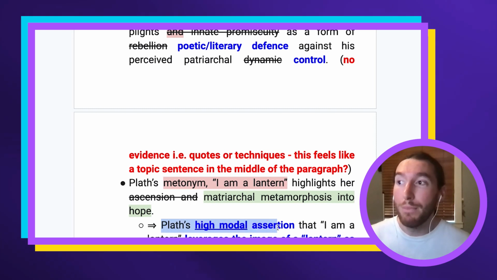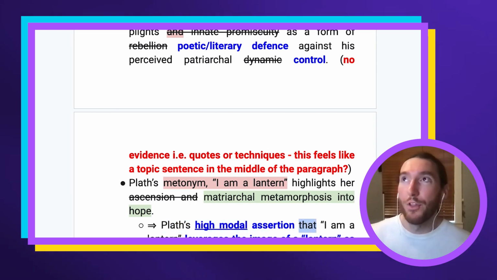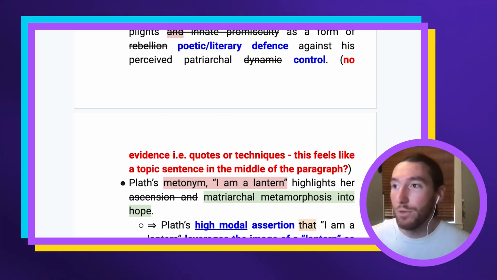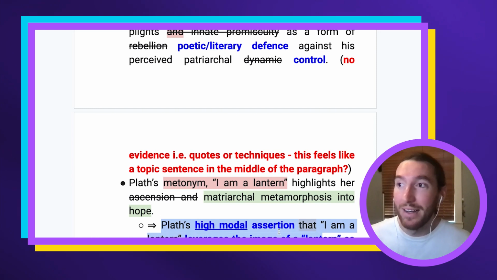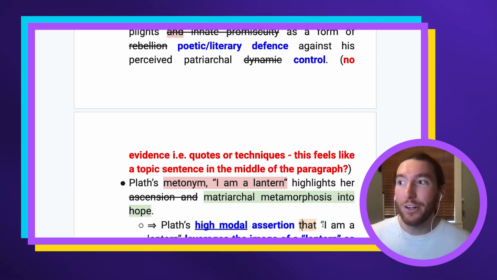So Plath's high modal assertion, that is key here, because the word "that" actually helps us get that seamless transition into the quote. So that is a really powerful word. I've intentionally structured it this way so that we could say her assertion that I am, which means I don't have to put a comma or a colon there, and it flows.